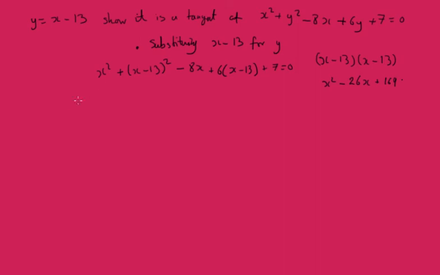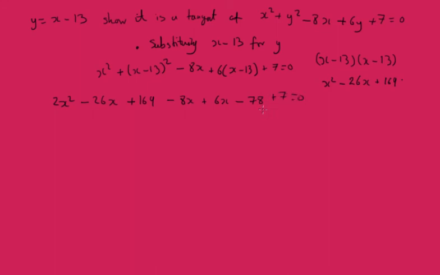So let's put this in here. So we're going to have 2x squared minus 26x plus 169 minus 8x plus 6x, break out this bracket here, and that's going to be minus 78 plus 7 equals 0.